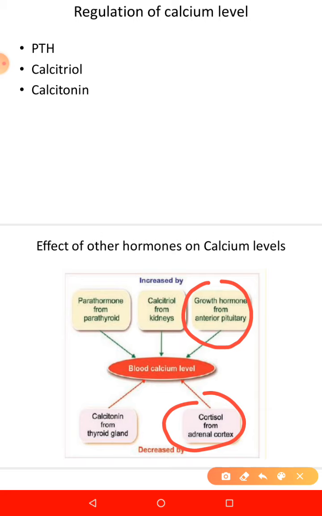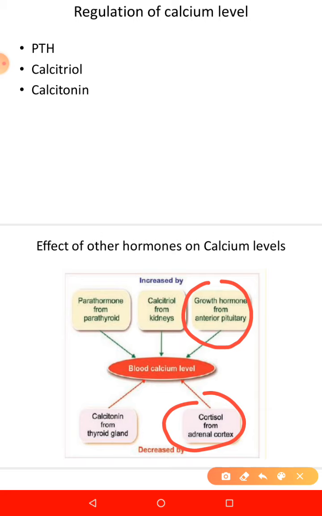But cortisol, which is a stress hormone, or we can call it a glucocorticoid, decreases calcium levels by inhibiting intestinal absorption and increasing the renal excretion of calcium.